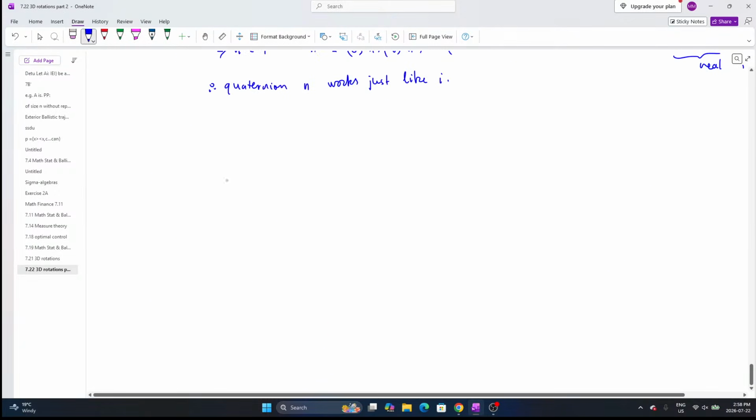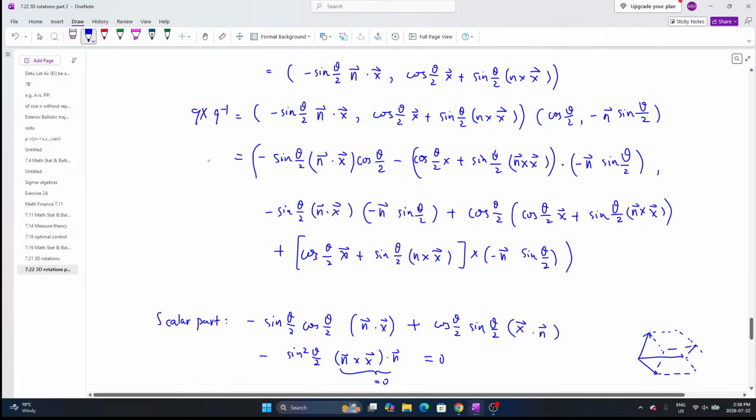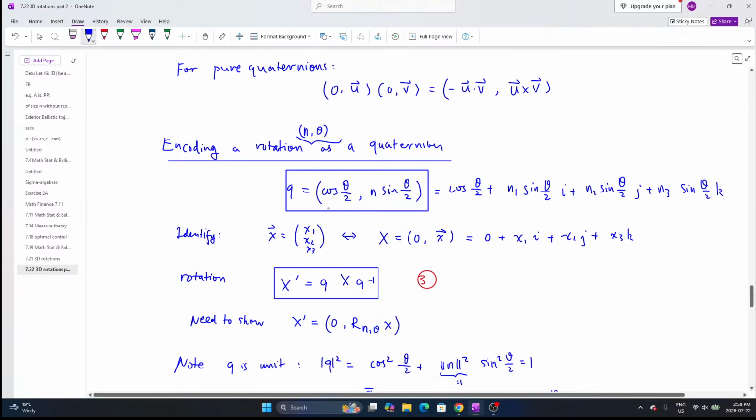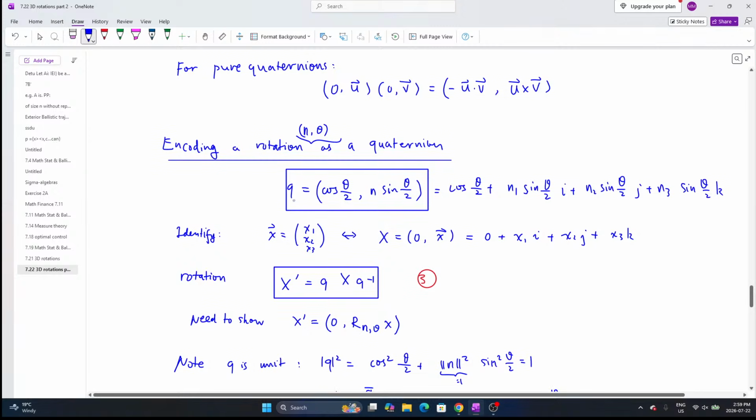We'll do those special cases and we'll call it a day. So let's imagine picking the unit quaternion Q. Let Q be i, j and k and see what happens.